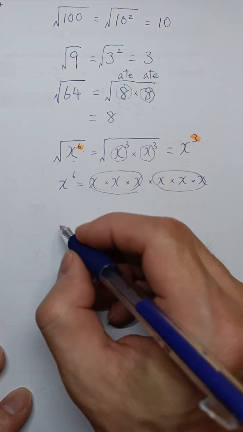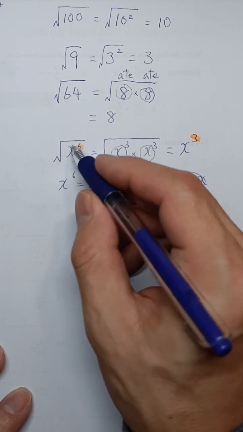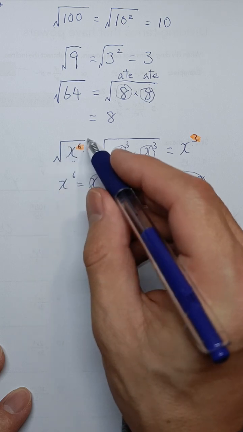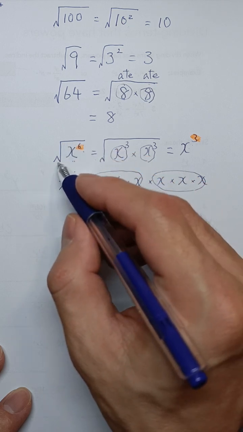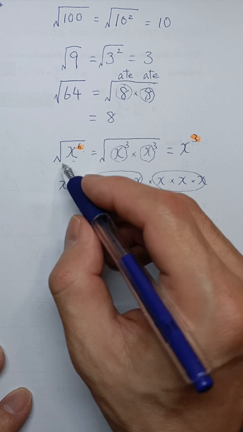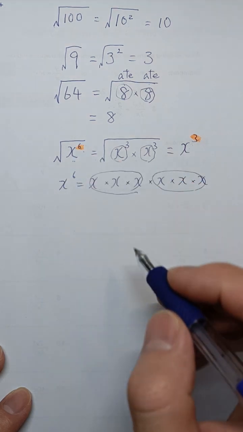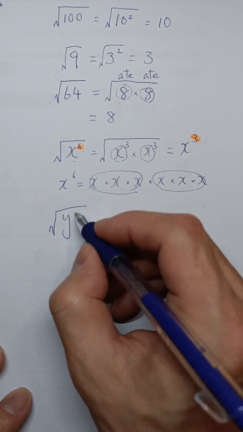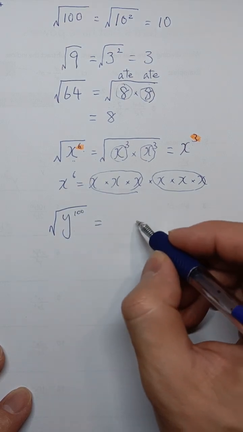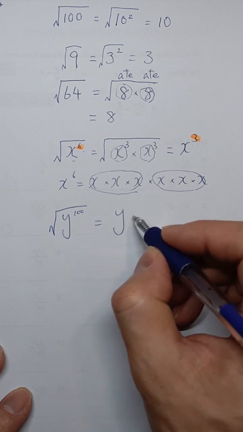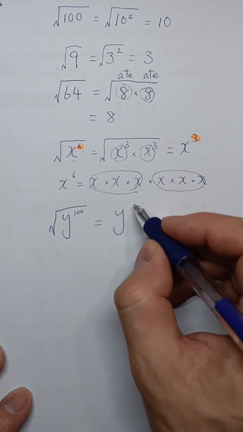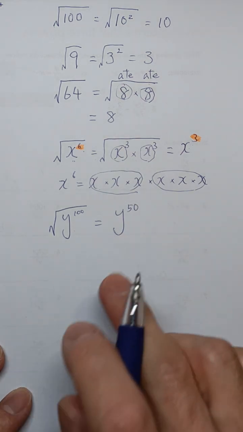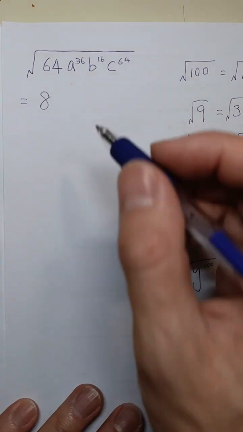Which means if there is a number which has an index number, and you put a square root on top, when you get rid of the square root, you need to halve the index number. So, for example, square root y to the power of 100 is y to the power of 50, isn't it? Right? So we are following this structure so that you can solve this one.